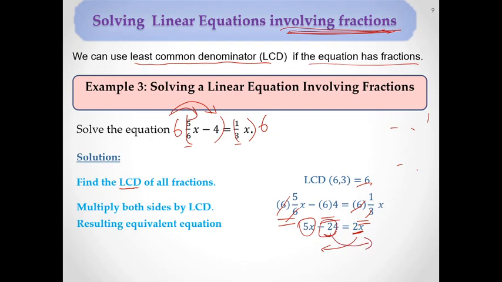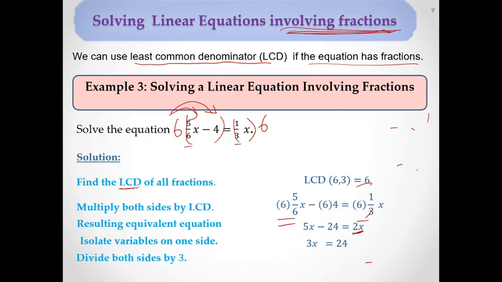So you will get 5x minus 2x is equal to plus 24, which makes 3x equal to 24. And then x is equal to 8. Then you can write the solution set is 8.